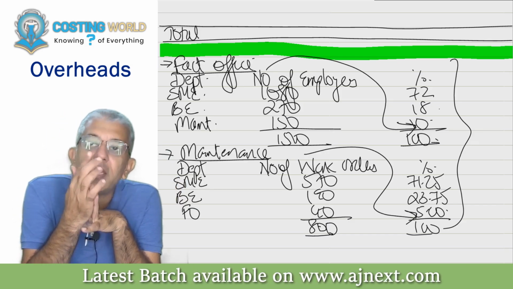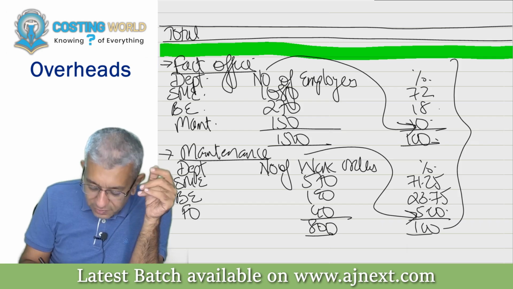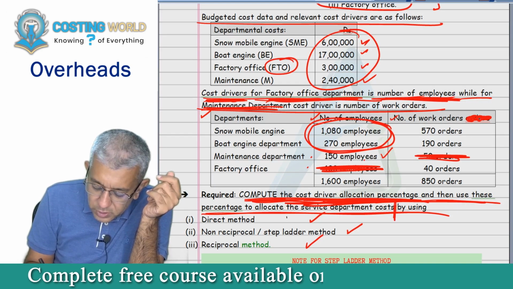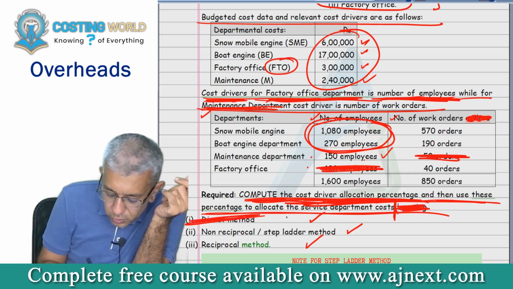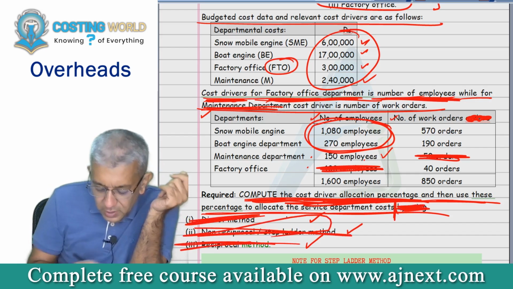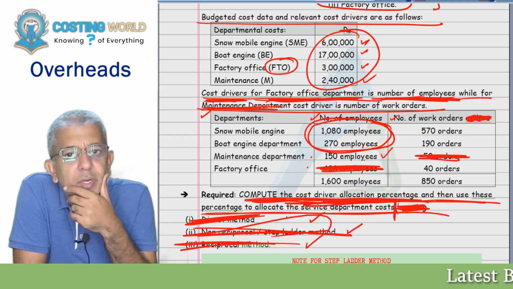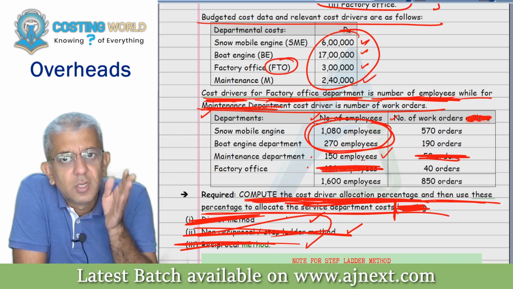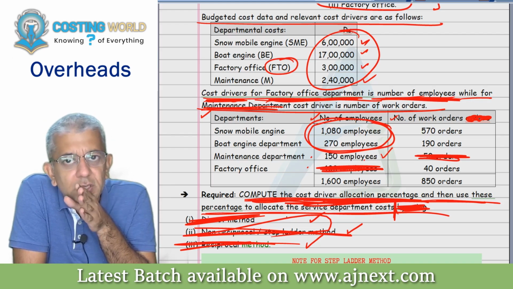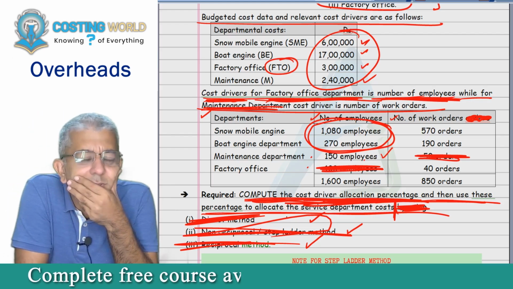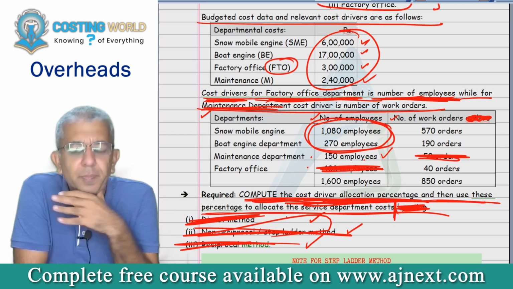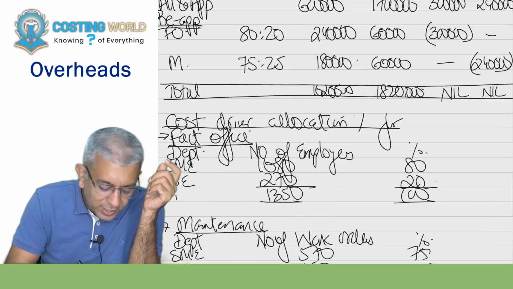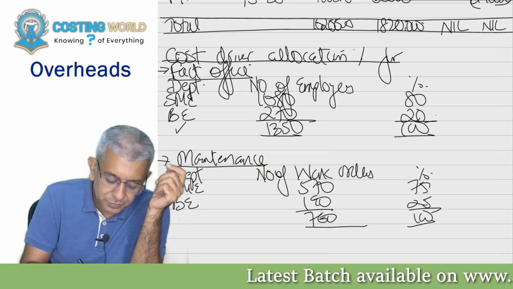Yes. Logically, suppose this question didn't have 3 parts, and it was just told, this was the only question, nothing else, then obviously I would have solved this particular question based upon reciprocal method only, because one department serves the other and also vice versa. Beta, we have percentages. In the first case, why did we ignore the third department?